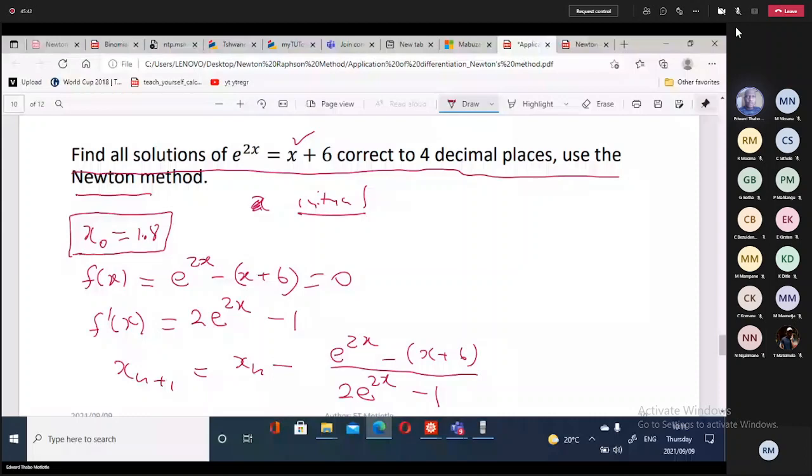Now see, what will be our x1? You can use the calculator. Let's use the calculator. e to the power 2 alpha x minus x plus 6.